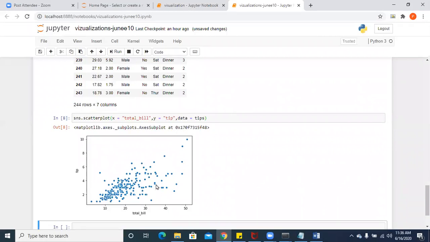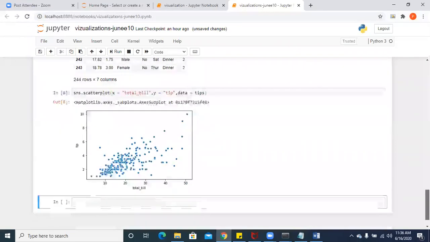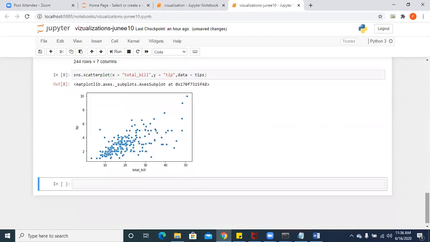That shows the distribution of the points. From this, can you tell what information you have inferred?